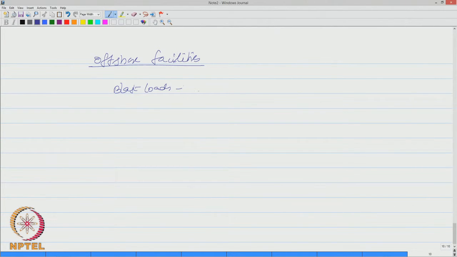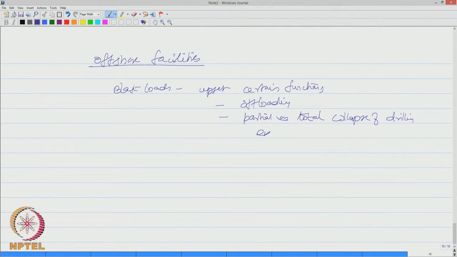Blast loads can upset certain functions, namely offloading, partial or total collapse of drilling or exploration process, and can also result in capsizing of the vessel itself, creating very serious asset damage to the company.